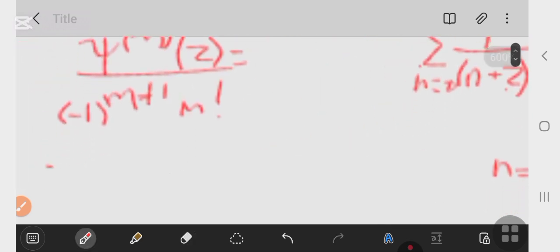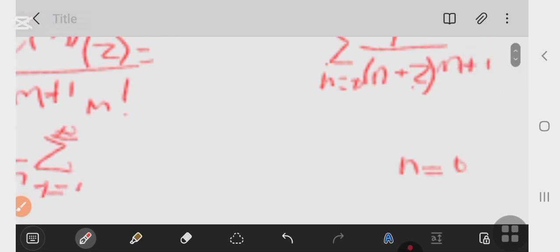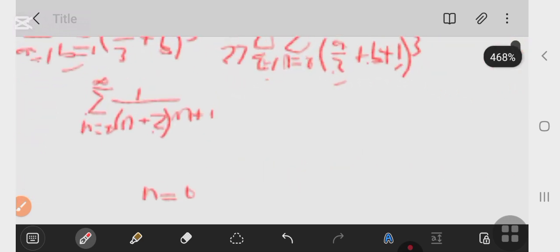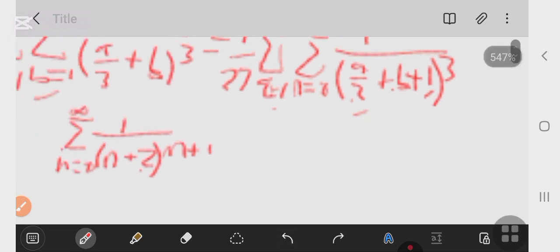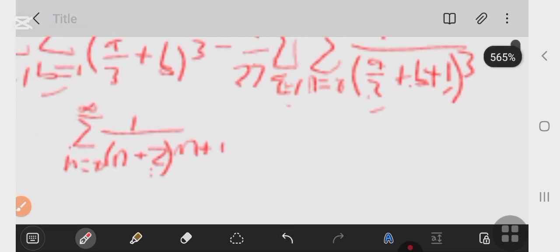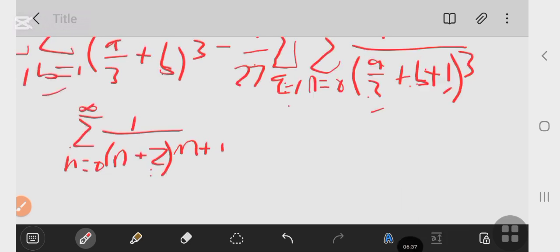I have 1 over 27 times the sum of the first, because I've not touched this one. Now this is the sum I'm working with, and my z is a over 3 plus 1.